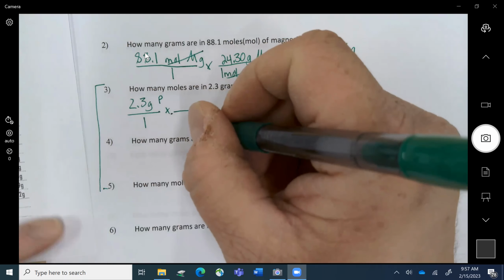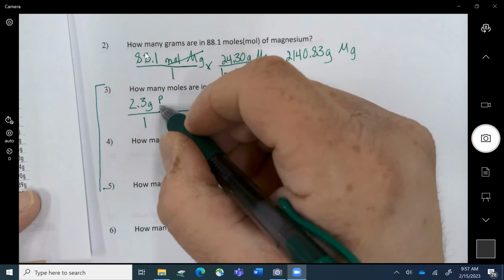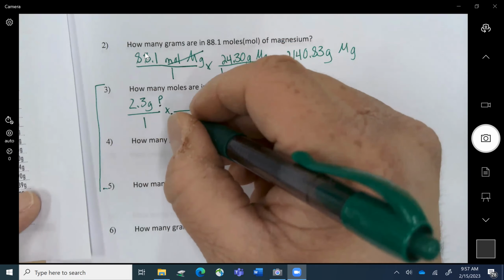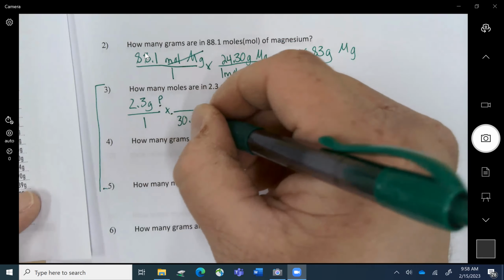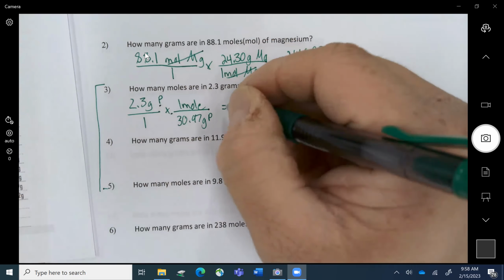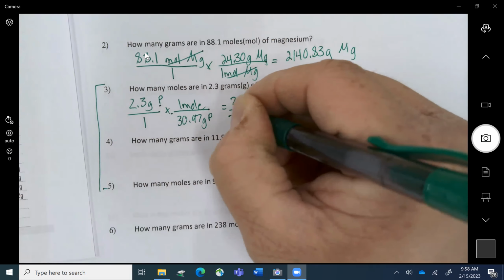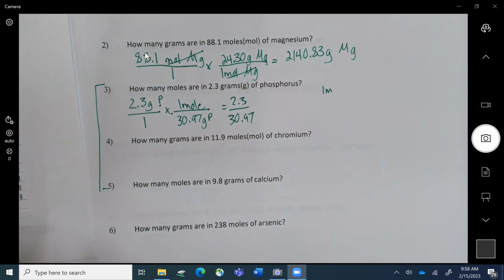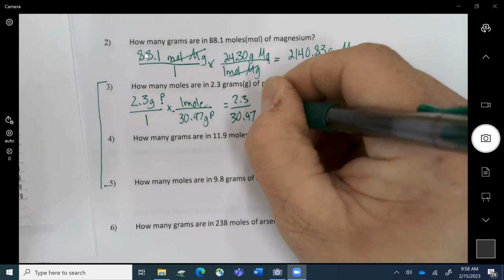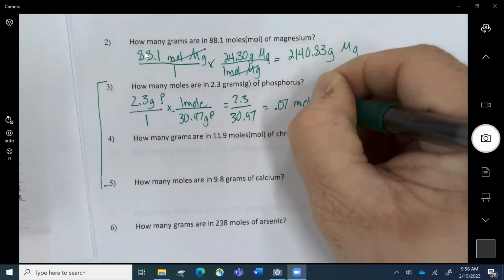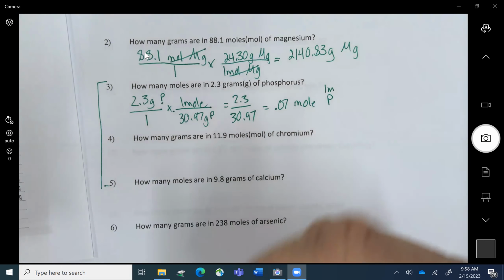I need to put my grams of P on the bottom to cancel. They weigh 30.97 grams of P, which equals 1 mole of it. So this is going to be 2.3 divided by 30.97, and this comes out to 0.07 mole of phosphorus, of P.